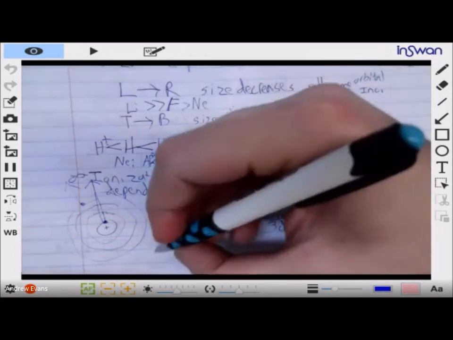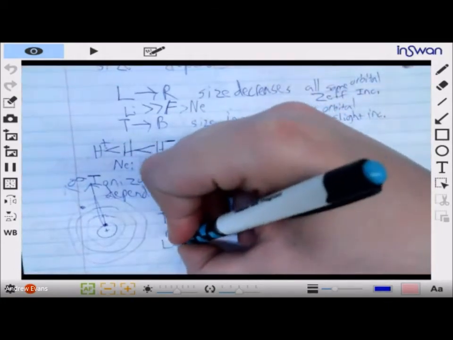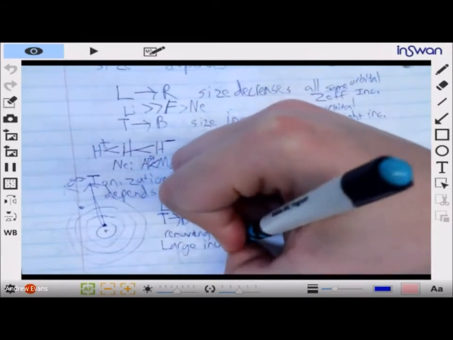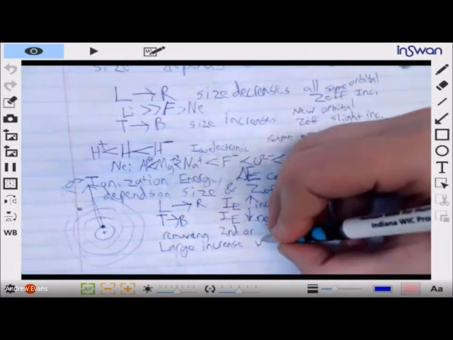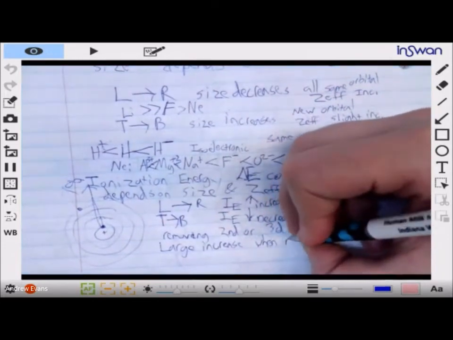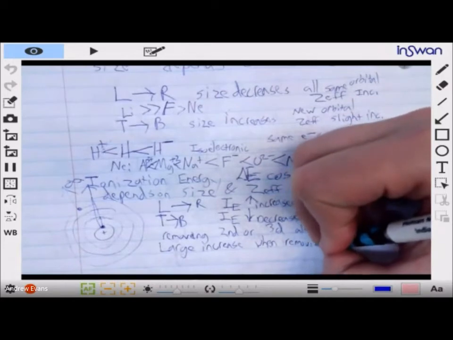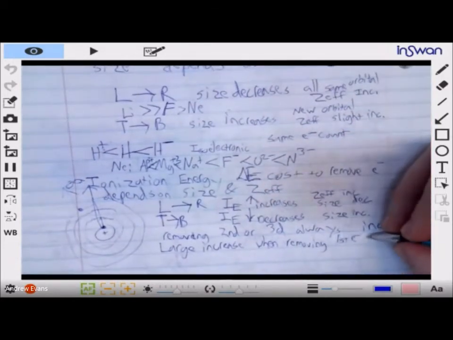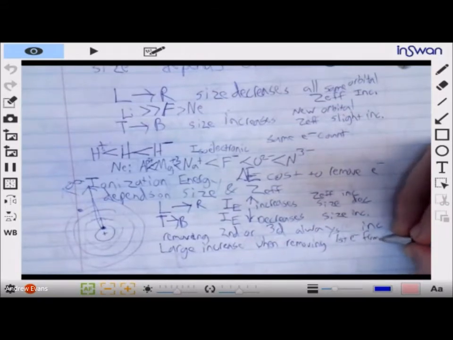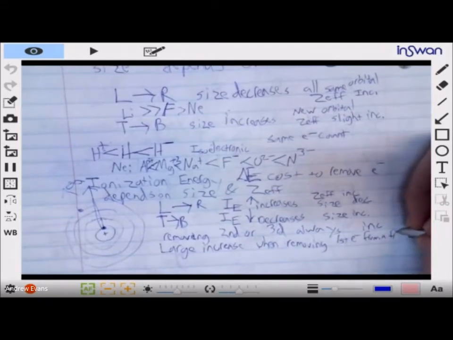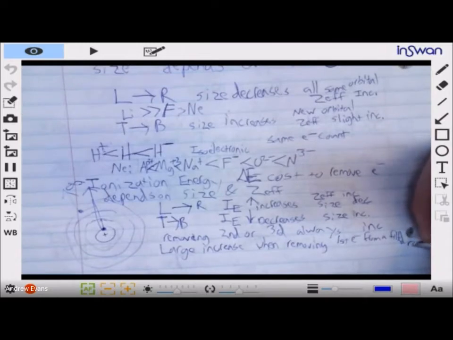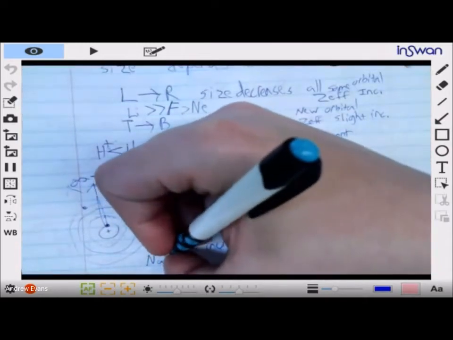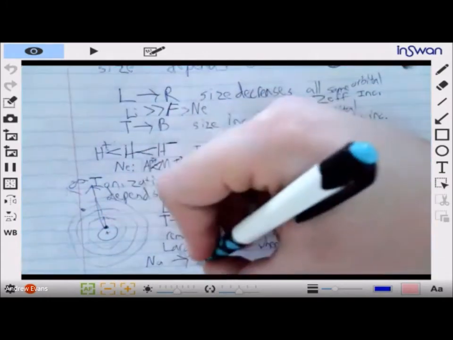But one big thing to note is there is a large increase when removing the first electron from a new row, a filled row. So, for example, we could remove one sodium electron, sodium to sodium plus 1.